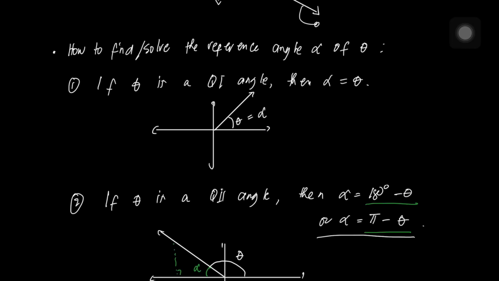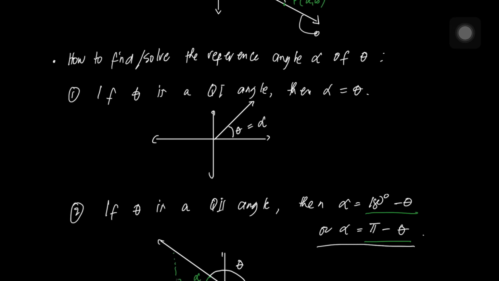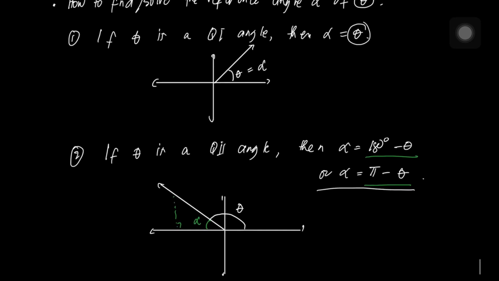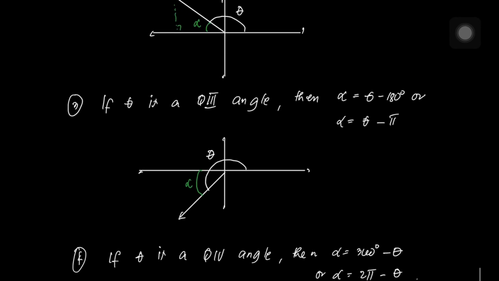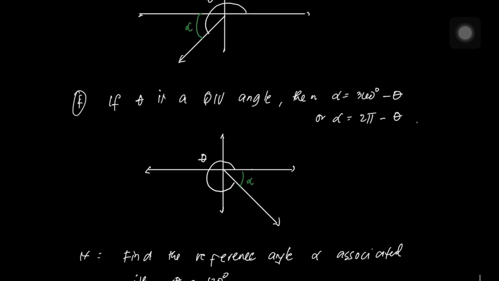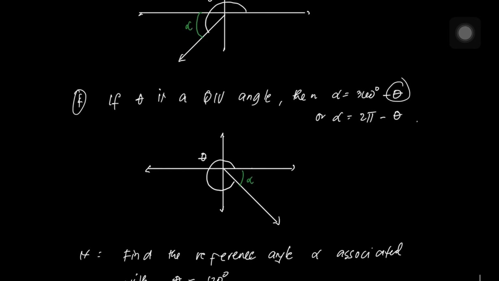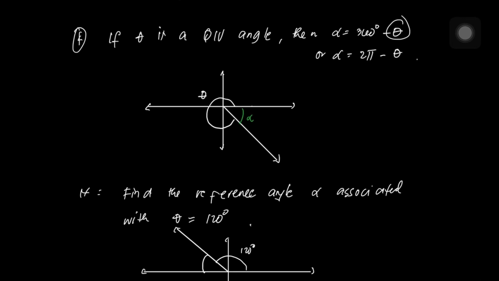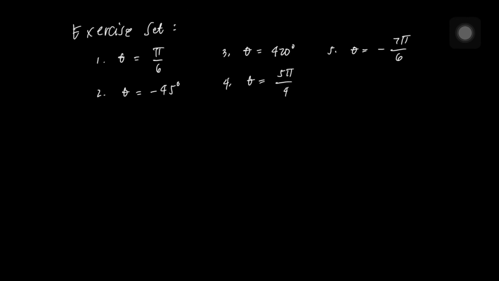Take note also, guys, that the theta we are referring to here is already the smallest positive coterminal angle of the given angle. For example, let's say beta is our given angle, 500 degrees.